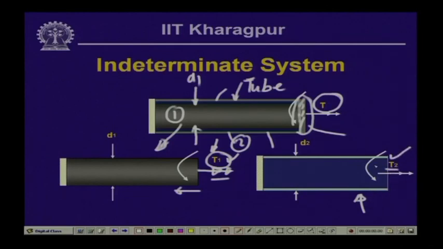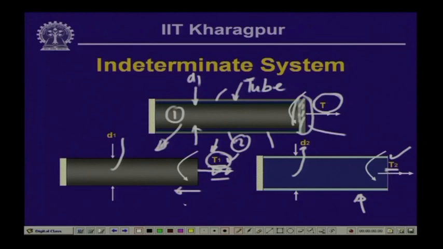So, we have T1 and T2, and the diameter of the internal shaft is D1 and the outer diameter of the tubular shaft is D2. Now, we will have to find the values of T1 and T2.